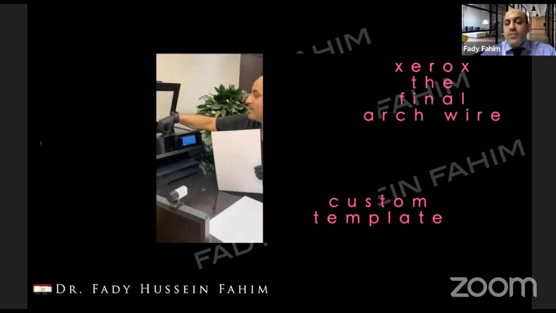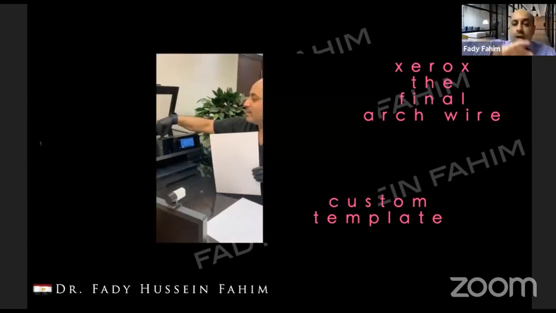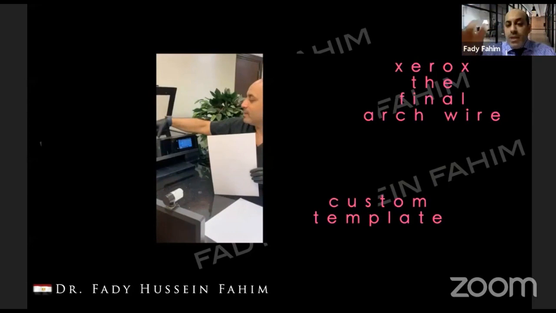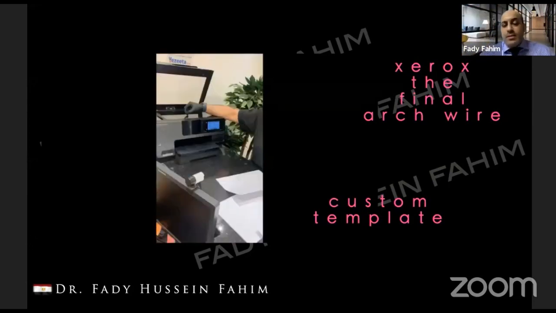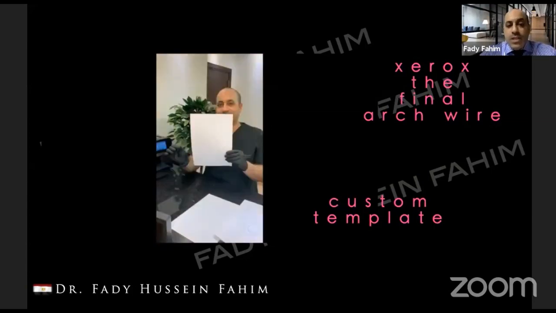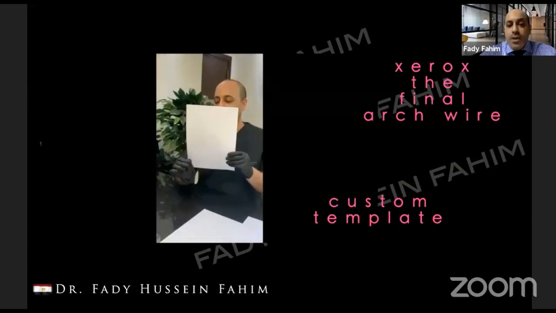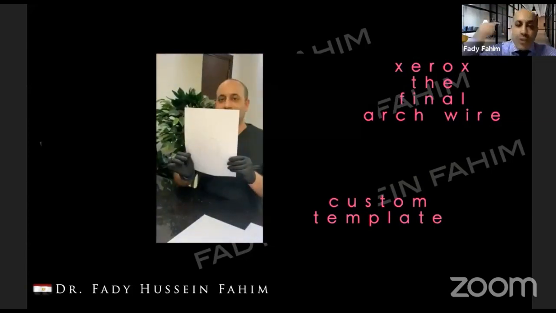Of course, it's very easy to make the upper arch wire 2 to 3 millimeters wider than the one that appears in this template. Very nice trick. It will save your time. There is no need anymore to take the wax bite every visit. Okay, it's very time consuming. And then put this final arch form in the patient's file.